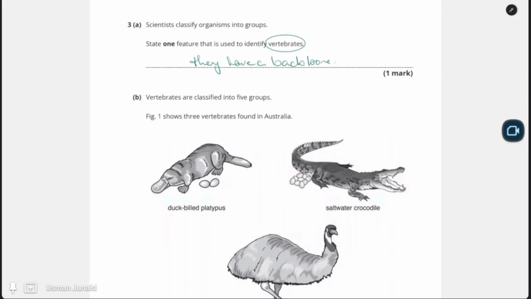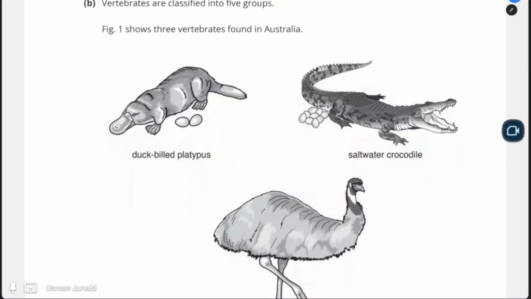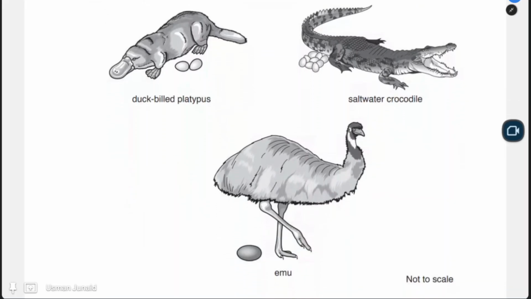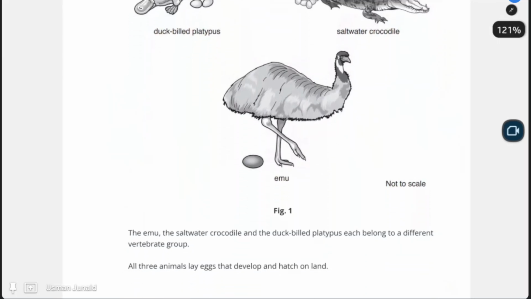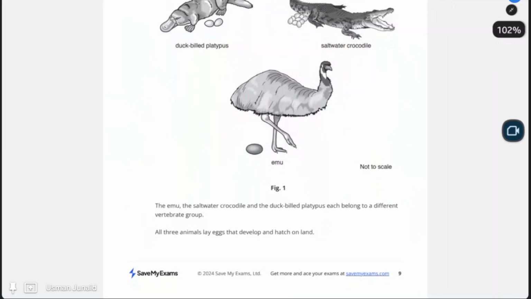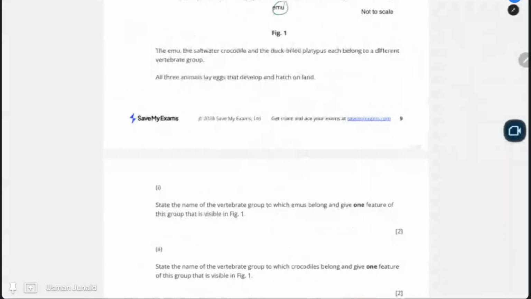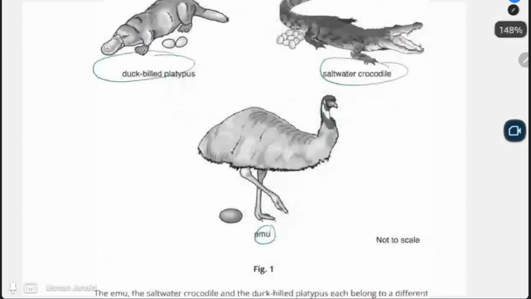Yes. So, vertebrates are classified into five groups. Can you tell what these five groups are? You have a lion, a duck-billed platypus, a saltwater crocodile. So, state the name of the vertebrate group which emus belong to and give one feature that is visible in figure 1. So, this is the emu.